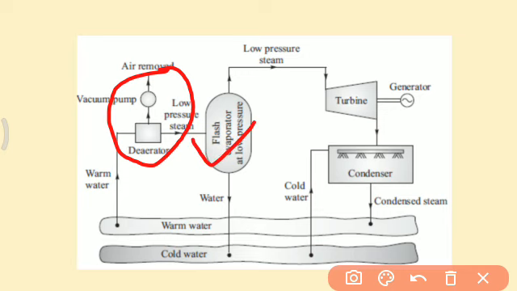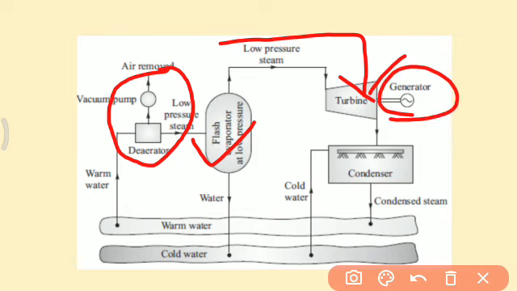Due to this lower pressure, the warm water is converted into the steam, and then this steam is passed through the turbine, and this turbine converts this thermal energy into the mechanical energy, and the generator coupled with this turbine converts this mechanical energy into the electrical energy.